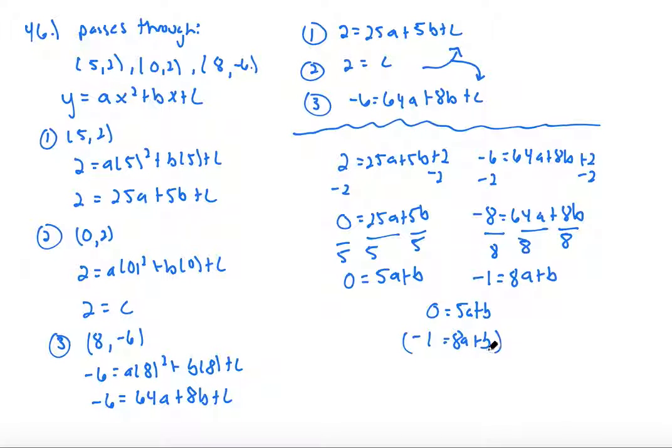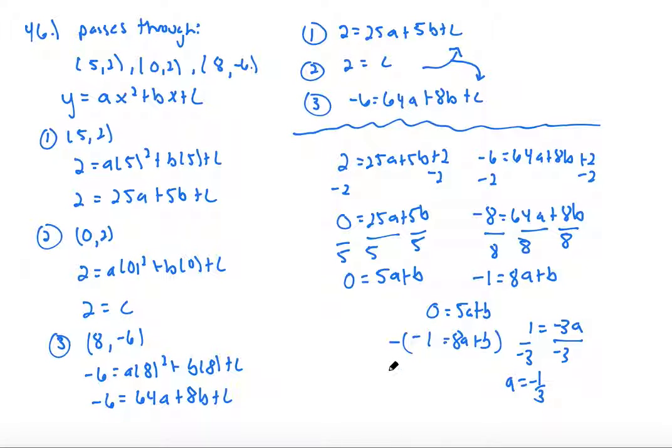And I think I'm going to subtract. So when I do that, I get 1 equals negative 3a. b's cancel. I think that's correct. Let me just double check. Yeah, looks like that's going to be it. So divide both sides by negative 3. So a equals negative 1/3.